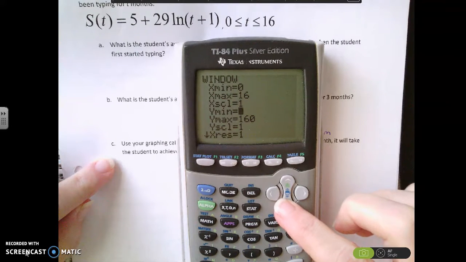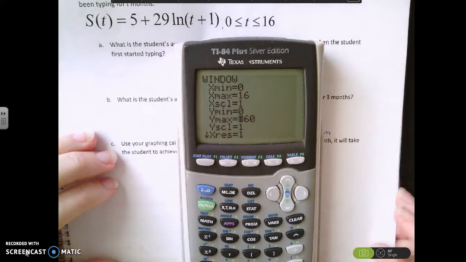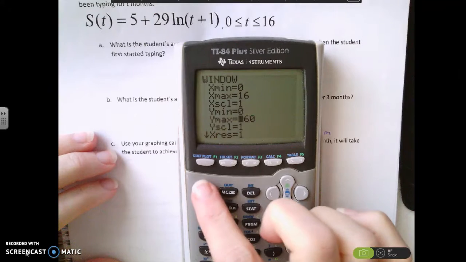So I'm not really sure what are normal typing speeds, so I put in the y-min as 0, and y-max I put 160. You know, I think that would probably be a super good typist, but anyhow.